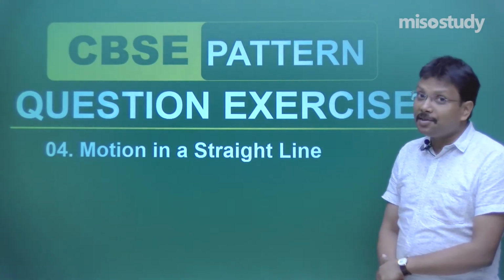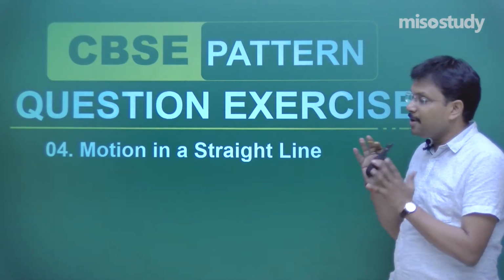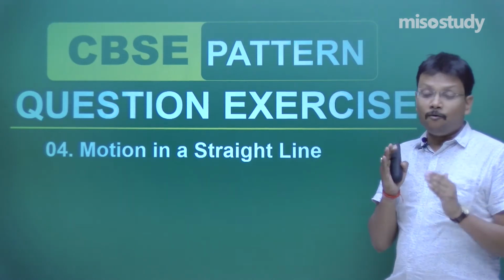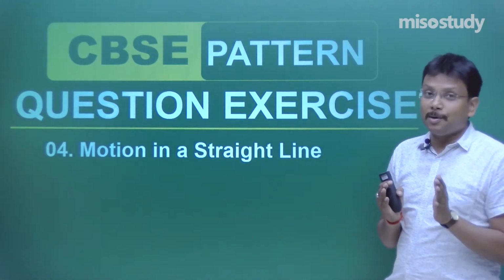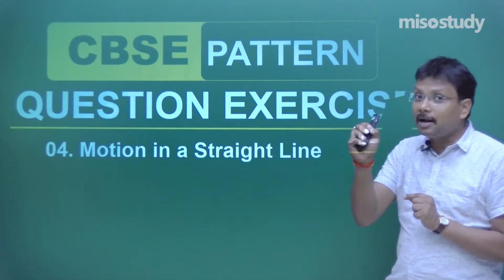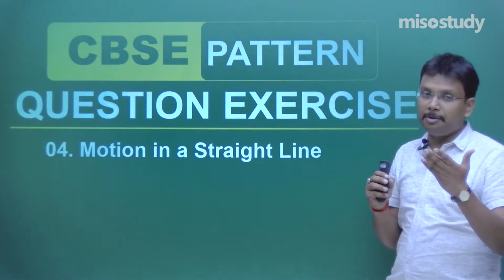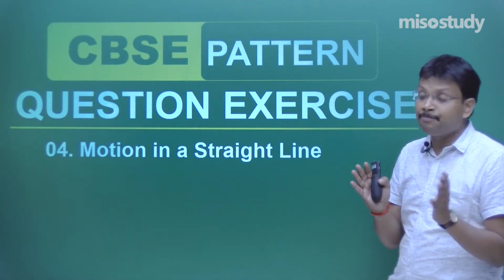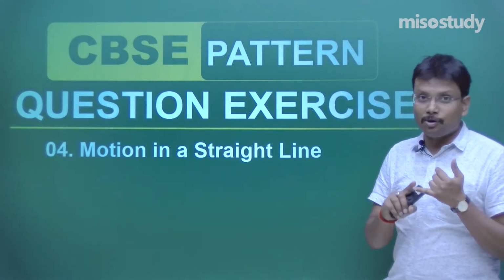Now the basic difference is that in the CBSE pattern you are supposed to write down the answers, while in competitive exams you are supposed to solve the problem on rough and then mark the correct answer as prescribed, maybe by darkening the oval, maybe by mentioning a term. But here your handwriting is also important.